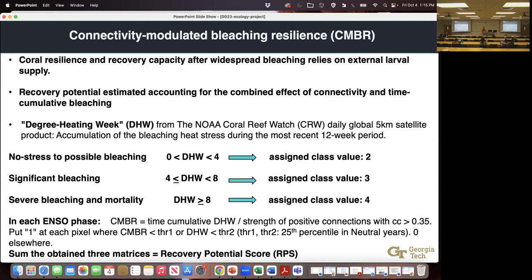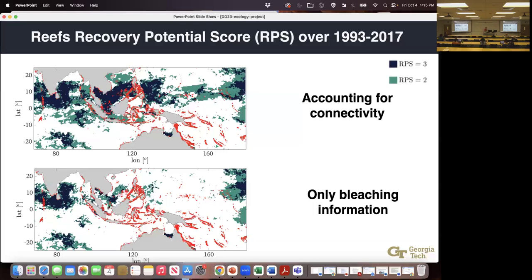So we have this, and we have also the biodiversity information. And so we can make a recovery index putting those two pieces of information together. What this map is showing is that if you only know about the bleaching information, so only the temperature and what NOAA tells you, this would be your recovery index.